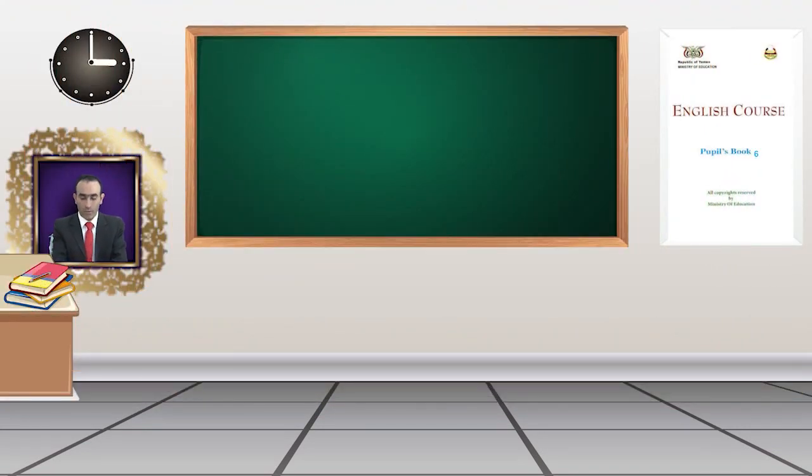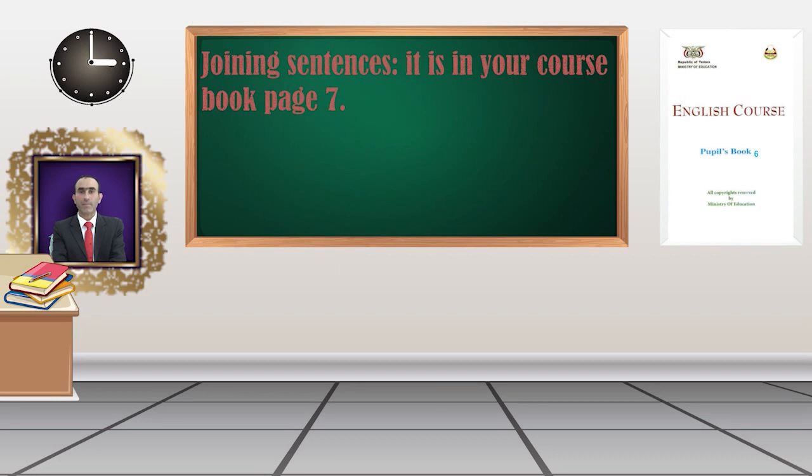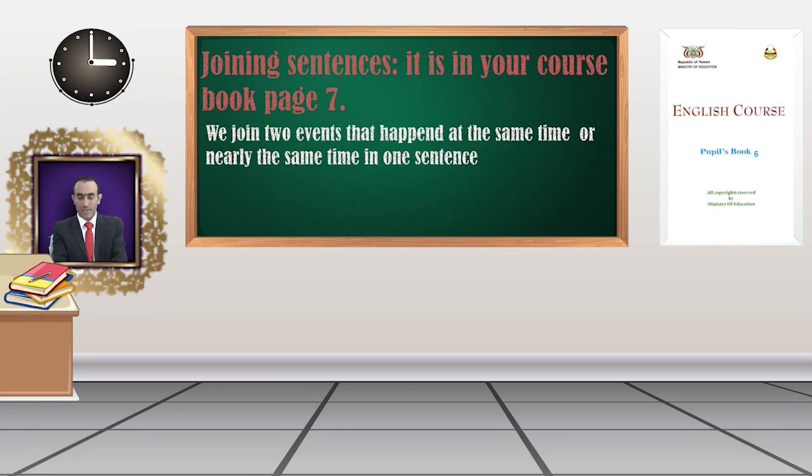Another grammatical rule, joining sentences with the ing form. Joining sentences with the ing form, in your course book, page 7. We join 2 events that happen at the same time or nearly the same time in one sentence.